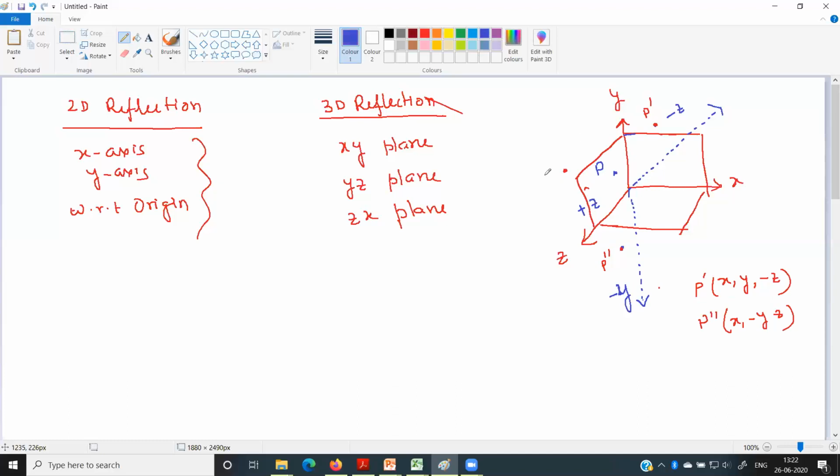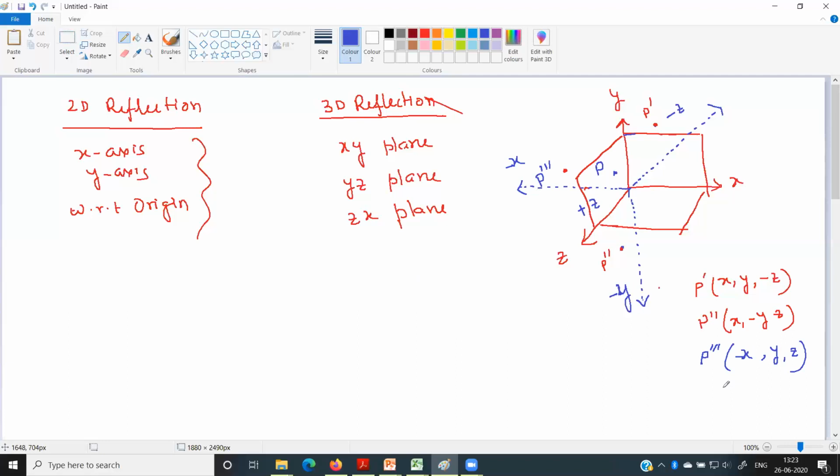Let us say the name of the point is P triple dash, and the X axis will be extended in this direction, and this is minus X, the opposite side. So you can easily say that for the point P triple dash, the coordinate is very simple: minus X, Y, and Z.